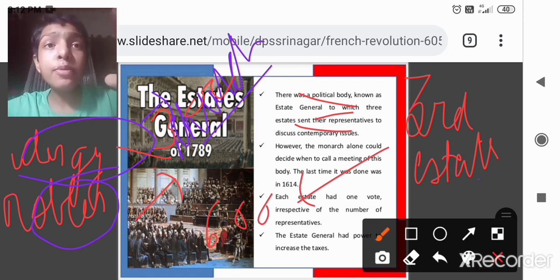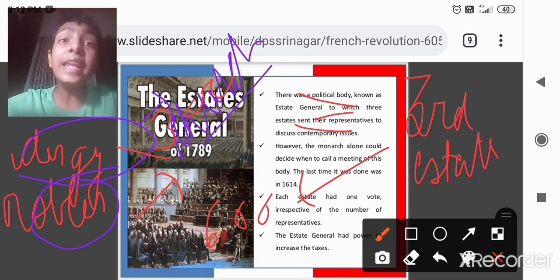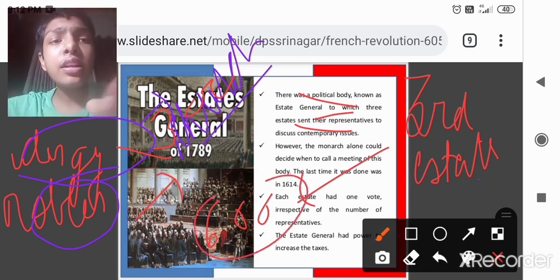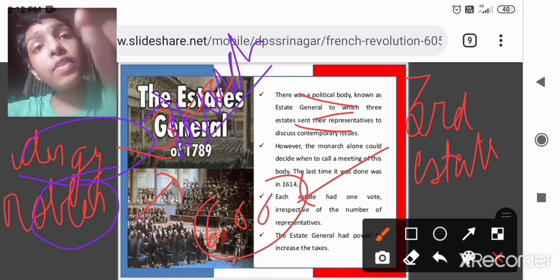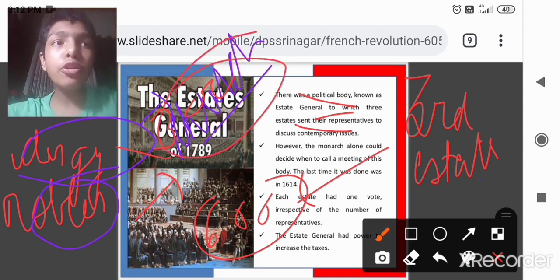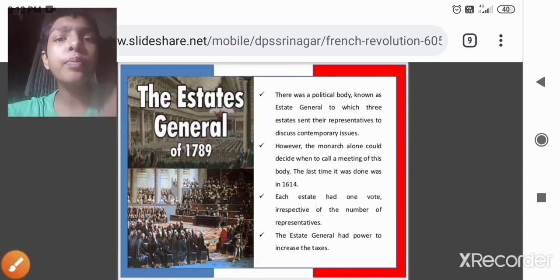So 10 types of people are living, and the population is very large. And out of those millions of people, you're just sending 600. Is it democratic? And where there are hundreds, thousands of people, you are sending 300, and where there are millions of people, you're just sending 600. Is it democratic? No, it's not at all democratic.